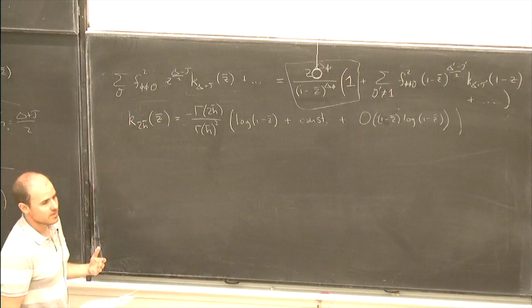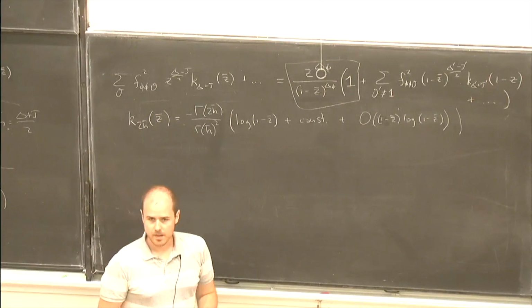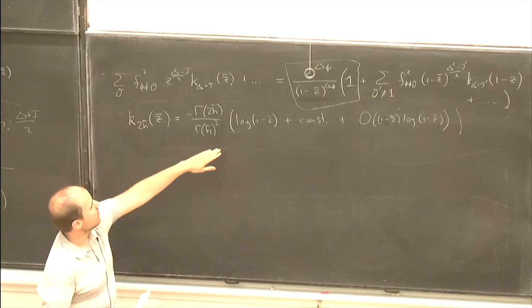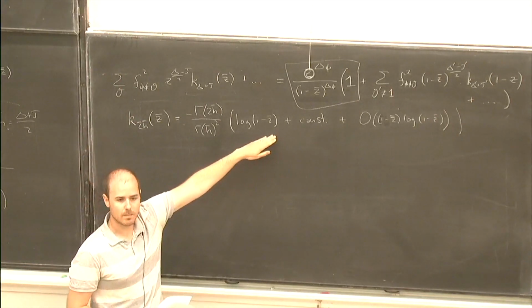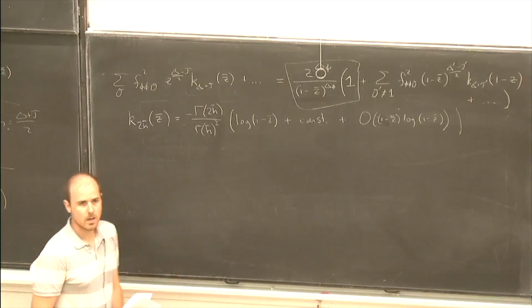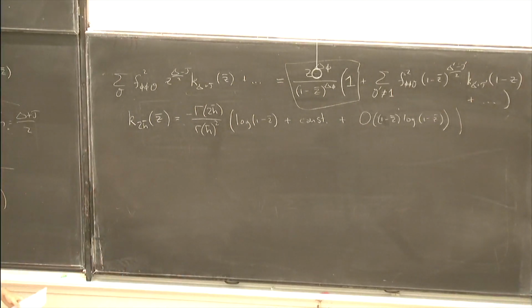So the only way that this can possibly be consistent is if the sum over operators here does not commute with the small 1 minus z bar expansion that we did here. And we'll see an example of that in a second.